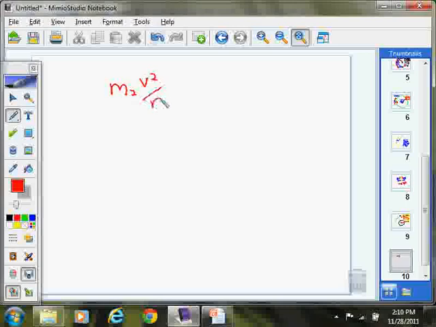M2 V squared over R equals big G M1 M2 all over R squared. And notice, once again, what's going to cancel out? M2. And you see this R over here?